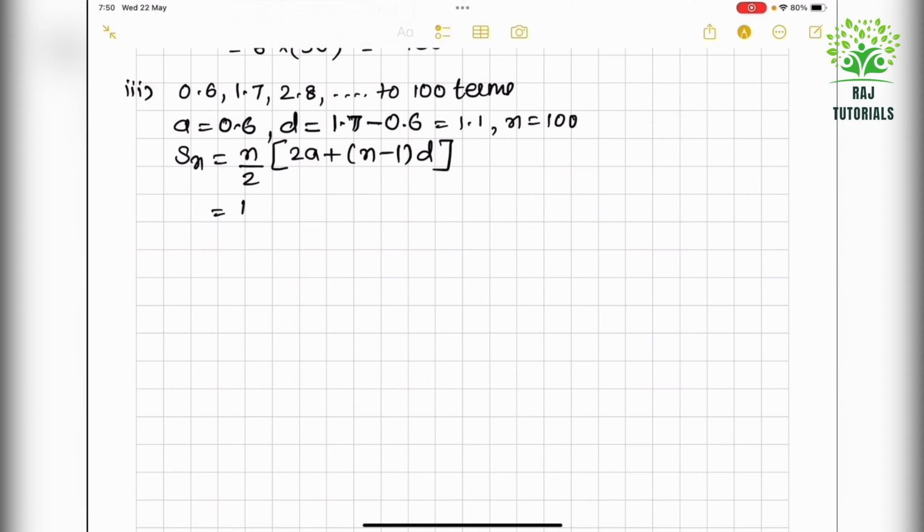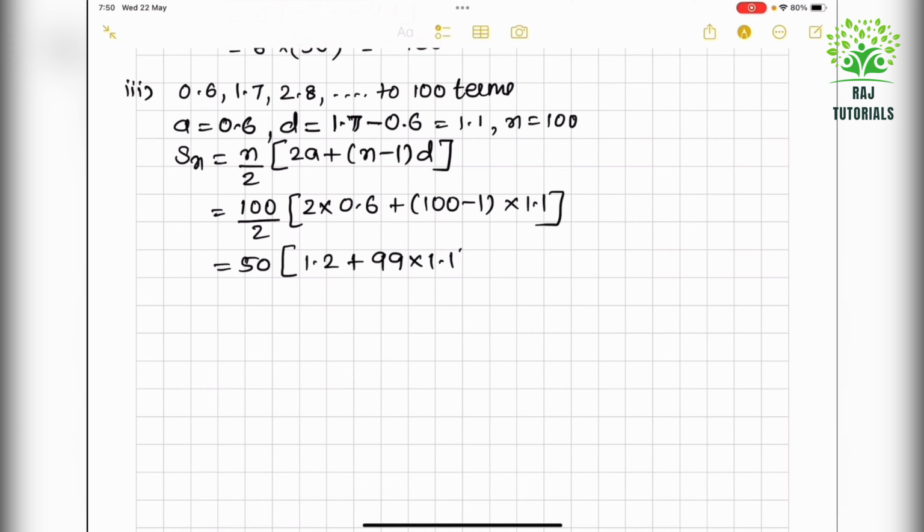So, putting the values, 100 by 2 into [2 into 0.6 plus (100 minus 1) into 1.1]. So, 50 into [1.2 plus 99 into 1.1]. So that will come to 50 into [1.2 plus 108.9]. So, 50 into 110.1. So that will be equal to 5505.